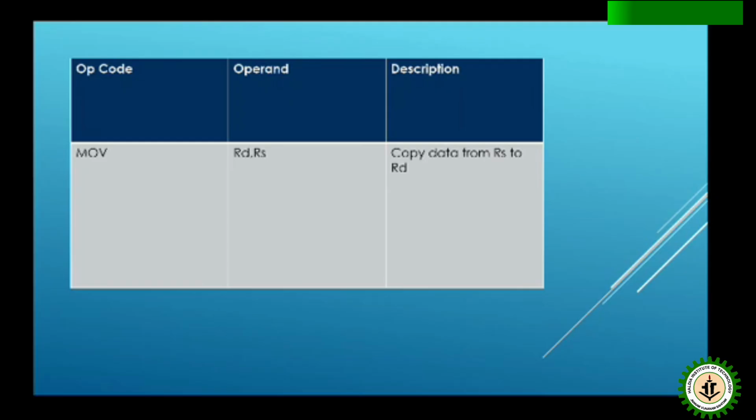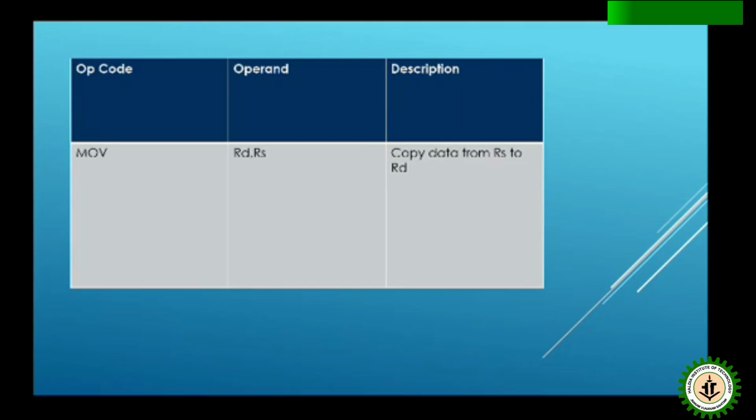So it is a very basic instruction of 8085 microprocessor. All the MOV instructions, such as MOV A, B, MOV B, A, MOV C, D, are 1 byte instructions.